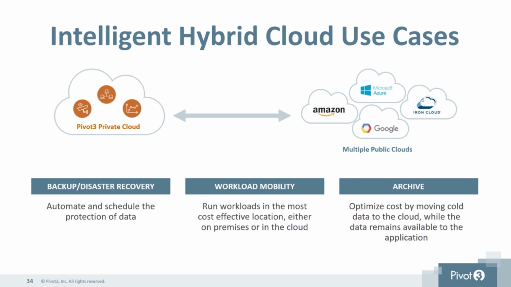We've also got a user group at Pivot 3 where we get a lot of excellent feedback. So as we roll out these new capabilities, we're rolling them out based on what customers are asking for and what they're ready to deploy, so that by the time we get to the future and we need some of these other capabilities, we've already got a well-worn path to get there and a lot of good feedback that's informing the user experience, the way that we build these applications.